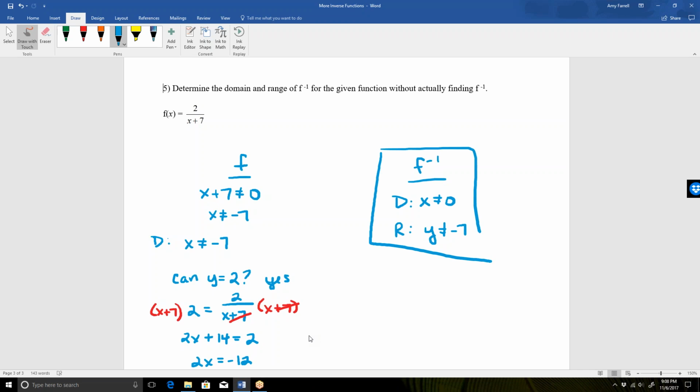And so this is the domain and the range of the inverse function. We never even found the inverse function, but we're able to state its domain and range by looking at the domain and range of the original function. Well, I hope you found this video helpful, and thanks for watching.